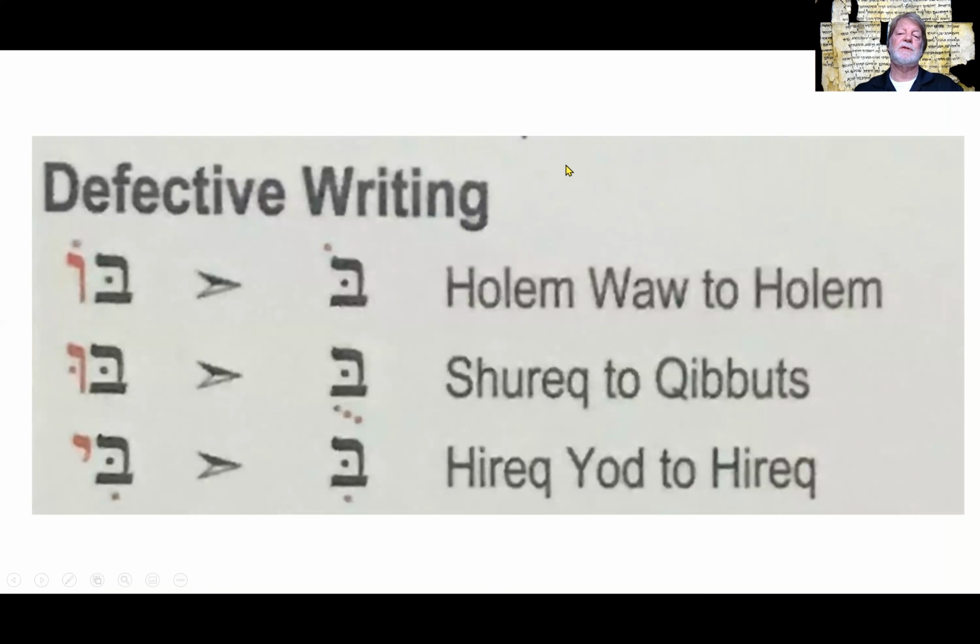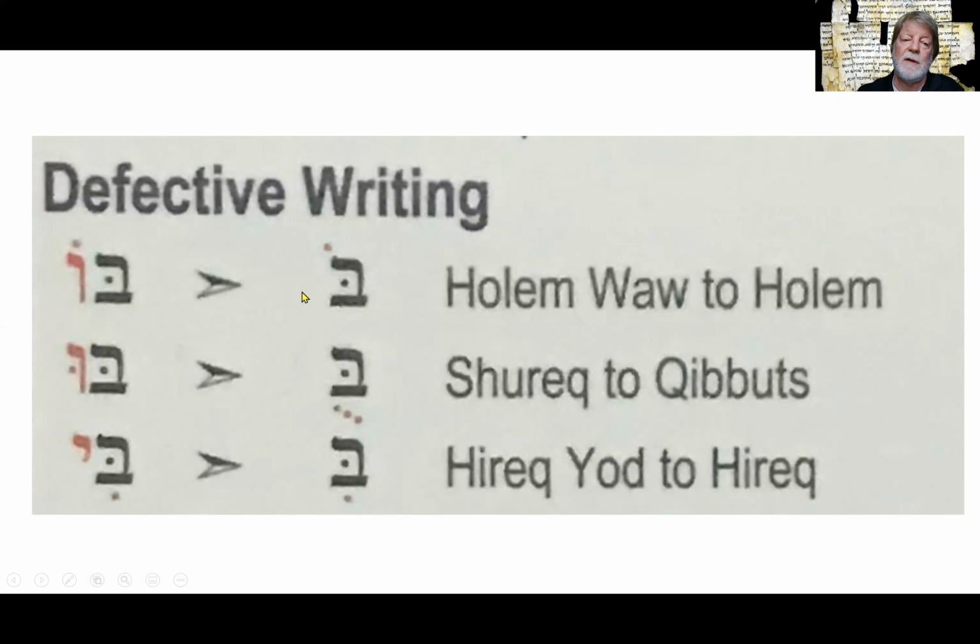Here are some of the examples of defective writing that we've already talked about. This is saying that the normal way of writing a bet with a holem beside it is with the vav inserted. The shorthand way, or the defective way of writing it, is to have the bet with only the dot to the upper left of the consonant.